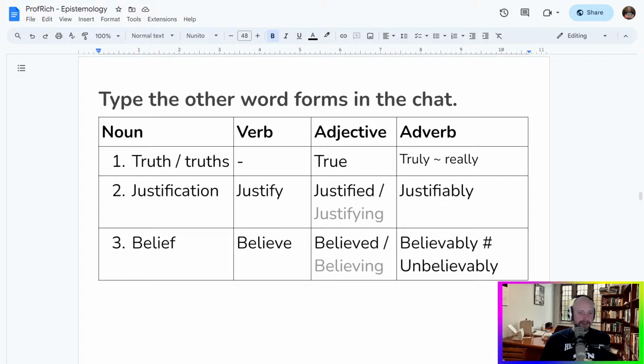Does anyone have any questions about that? Can I use verify to replace justify, says Ashley Chen. No. Well, yes. Let me think about it.